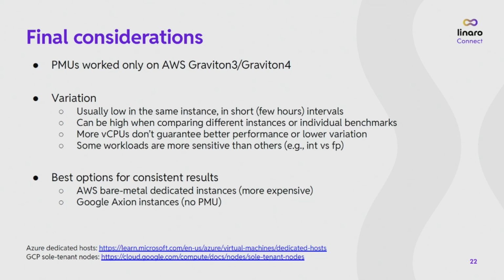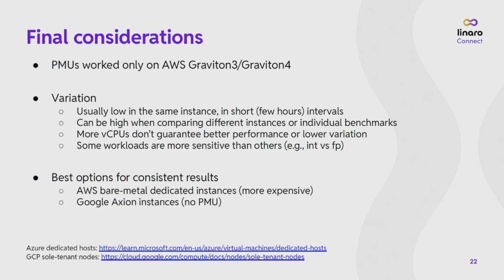I think I hadn't mentioned in the previous chart, but if we go back to the Graviton 4 chart, we can see that more vCPUs don't guarantee better performance or less variation. And also, we could notice that some workloads are more sensitive than others, because in the previous charts, we saw that integer benchmarks usually had standard deviations that were higher than those of the floating point benchmarks.